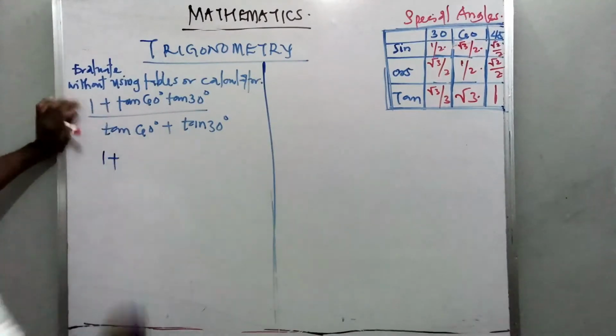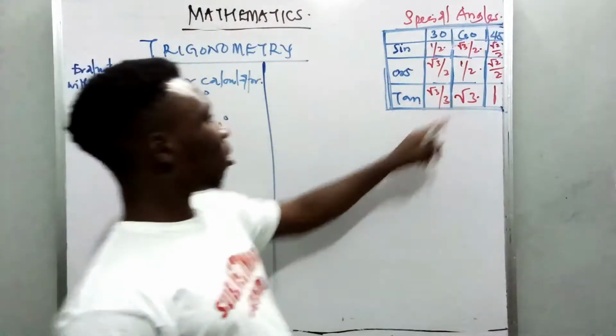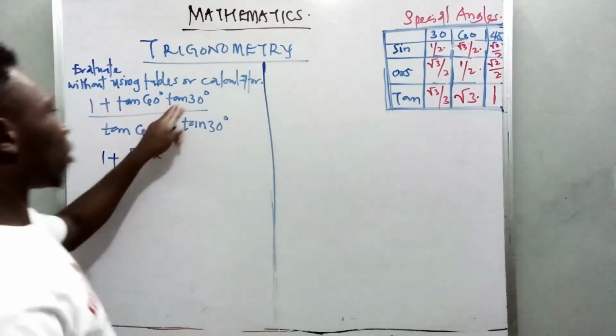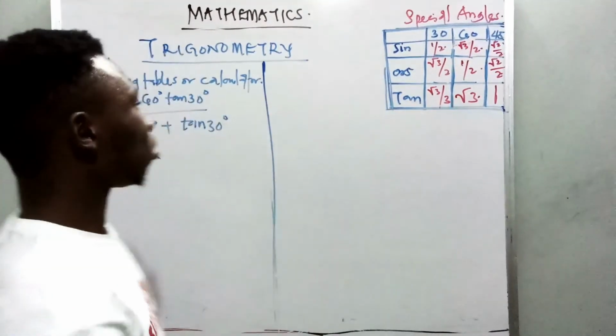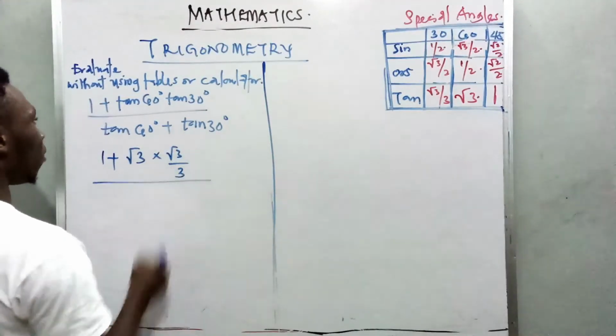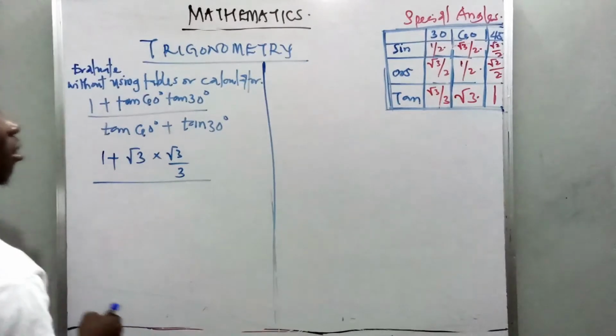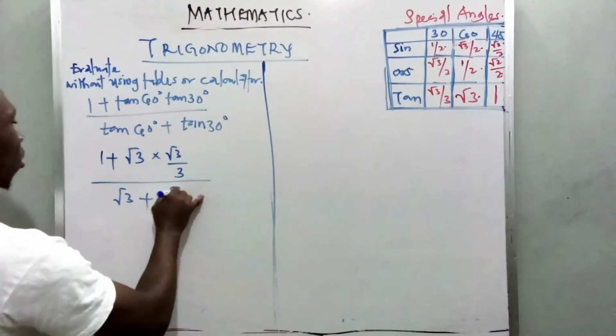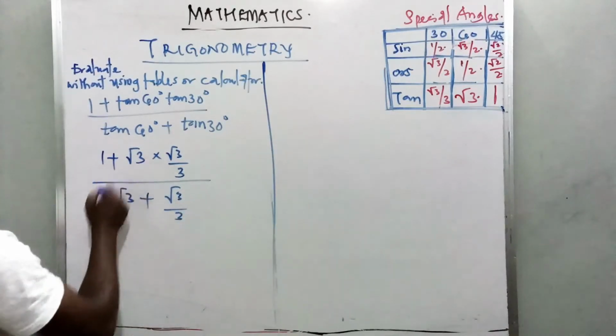So this is now what? 1 plus tan 60. What is tan 60? Root 3 times what? Tan 30. Tan 30 is what? Root 3 over 3. Divided by what? What is tan 60? Tan 60 is equal to what? Root 3 plus what? Tan 30 is equal to what? Root 3 over 3.